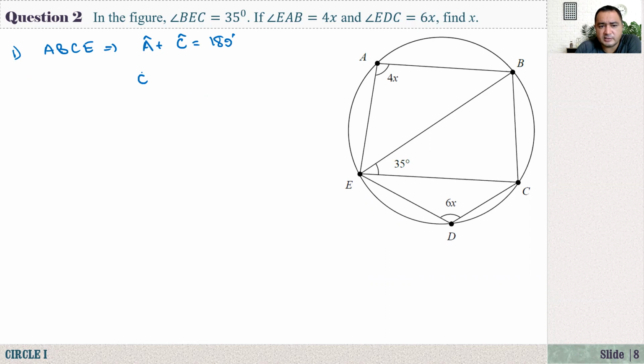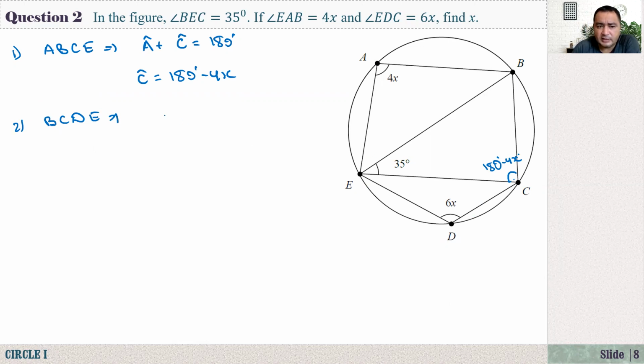So from here, what is angle C? Angle C is 180 minus 4x. So this angle is 180 minus 4x. And the second one is the quadrilateral BCDE, which is also a cyclic quadrilateral.